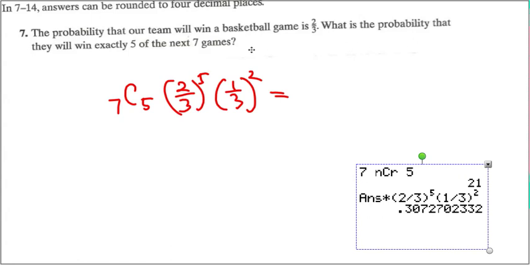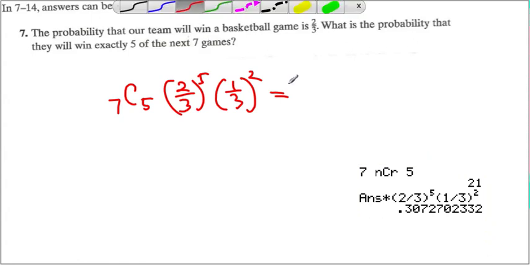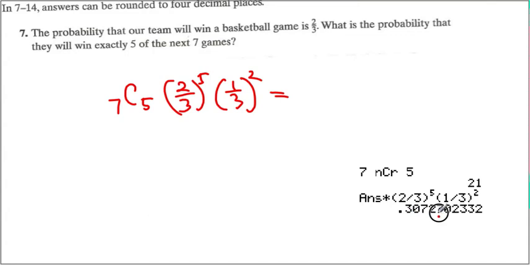And then we want to put this into 4 decimal places. So we end up getting 0.3073, which becomes our answer. And that's it.